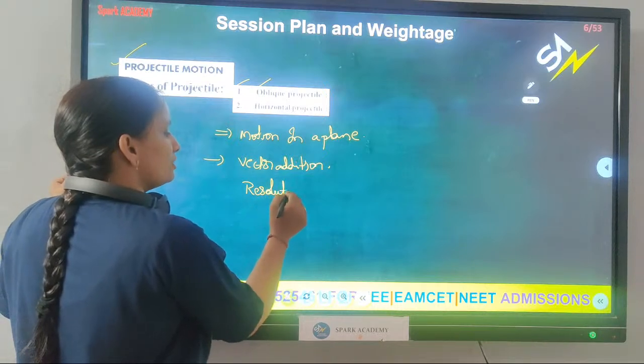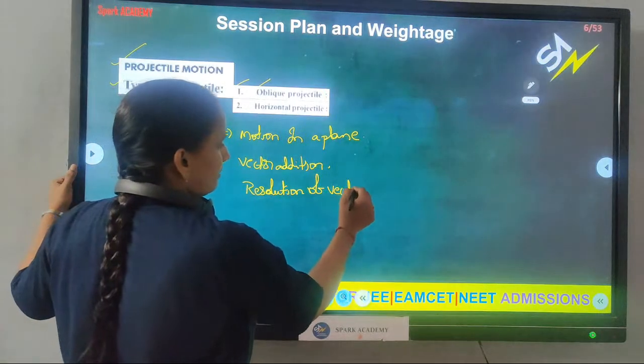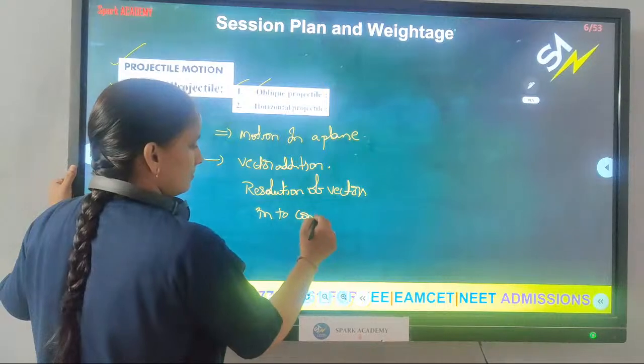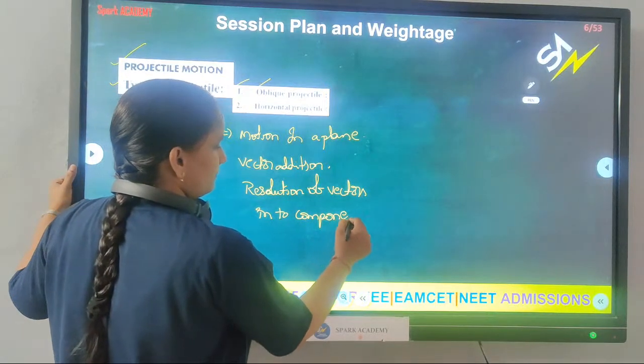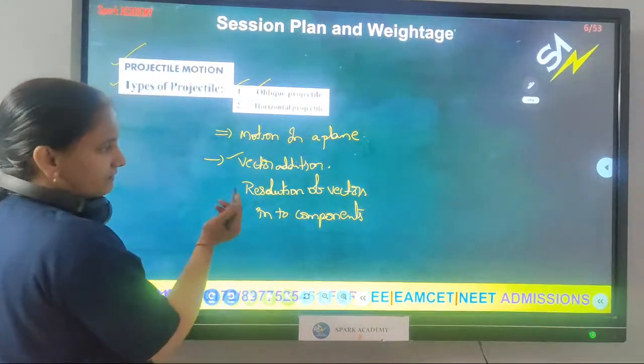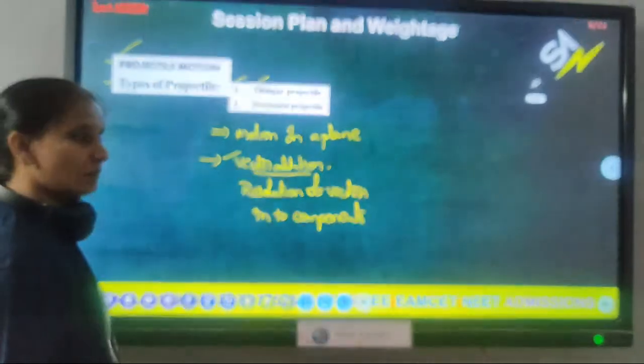Resolution of a vector into its components. You need to be thorough with the techniques from vectors: vector addition and resolution of vectors into components.